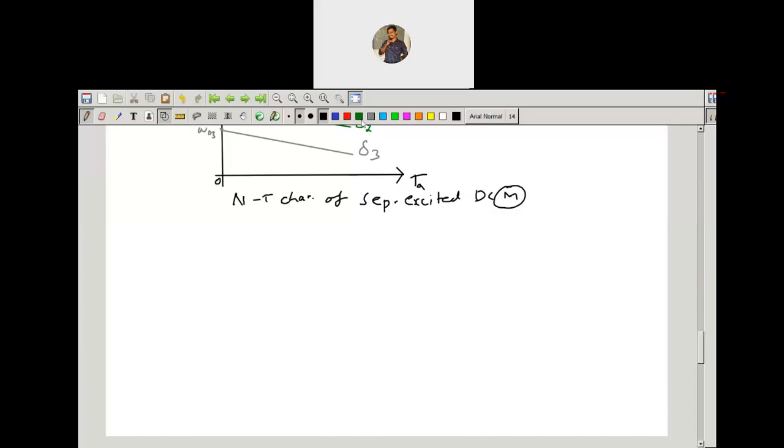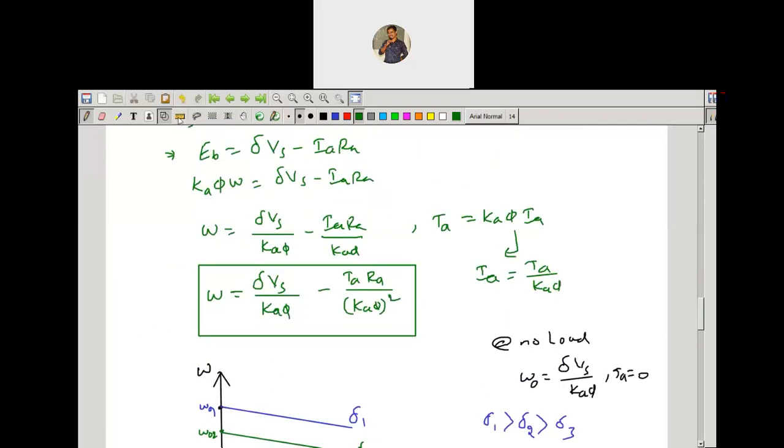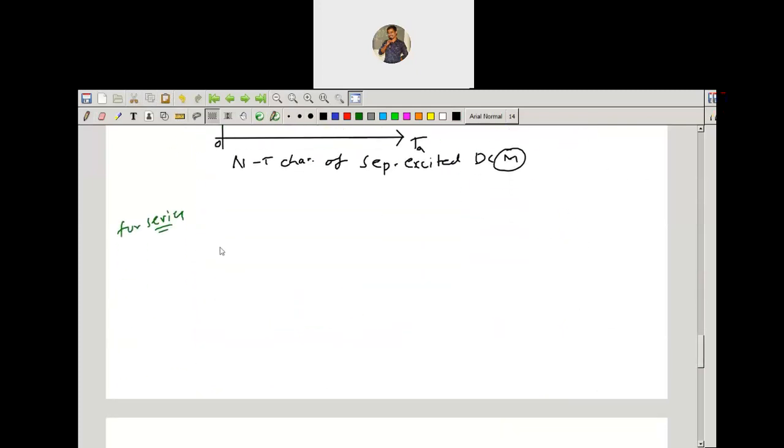Now if you want to give it for series motor, for series motor, I'm just copying this equation, which we have seen already. Let me copy this equation and paste it here. Okay. So this we observed previously.